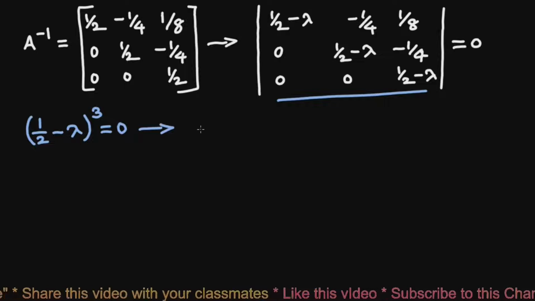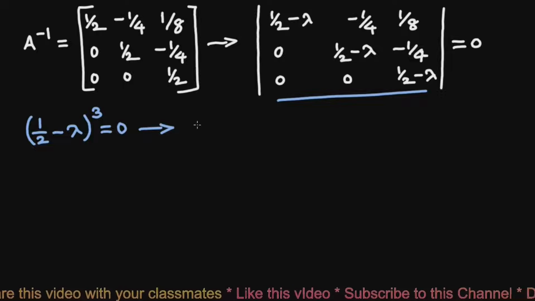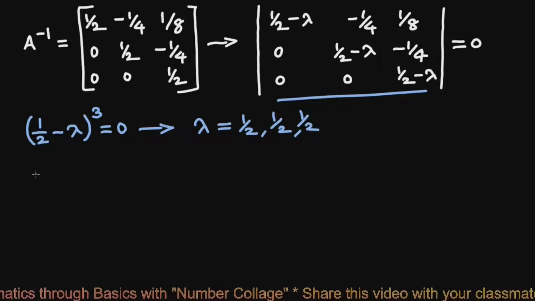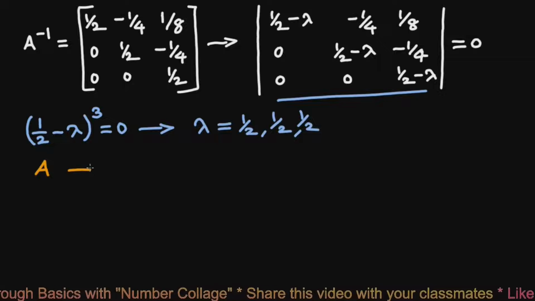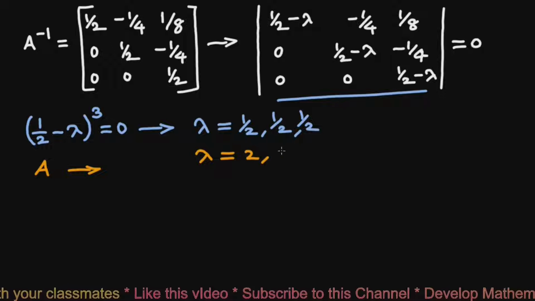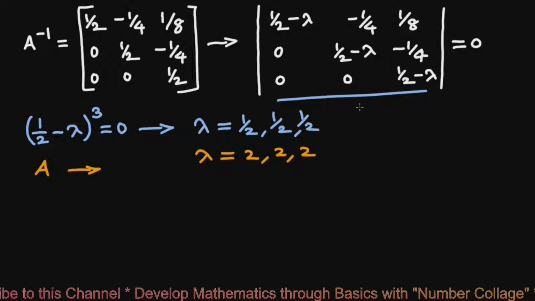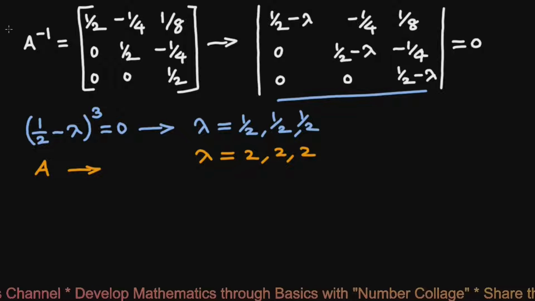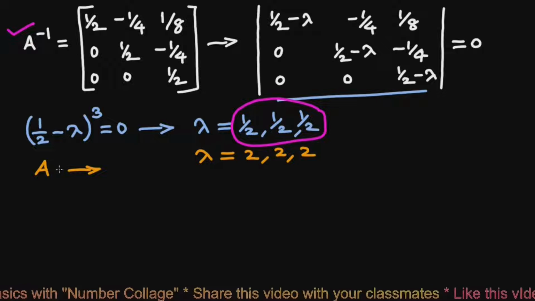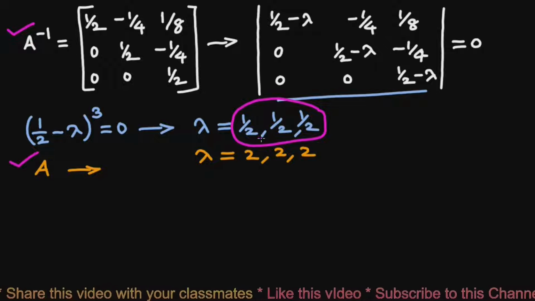That gives us 3 repeated eigenvalues, half, half and half. And the eigenvalues of matrix A that we found earlier were repeated eigenvalues 2, 2, 2, which clearly shows that the eigenvalues of matrix A inverse are reciprocals of the eigenvalues of matrix A.